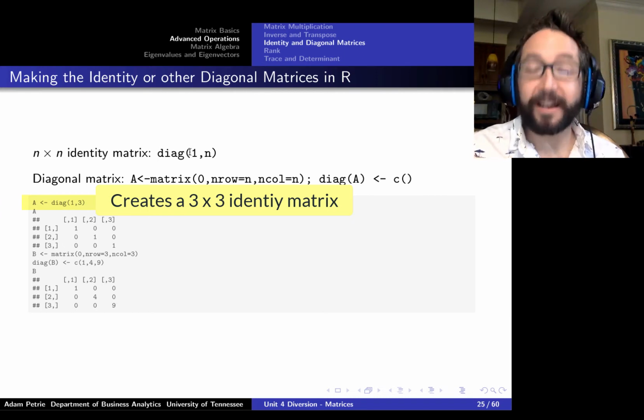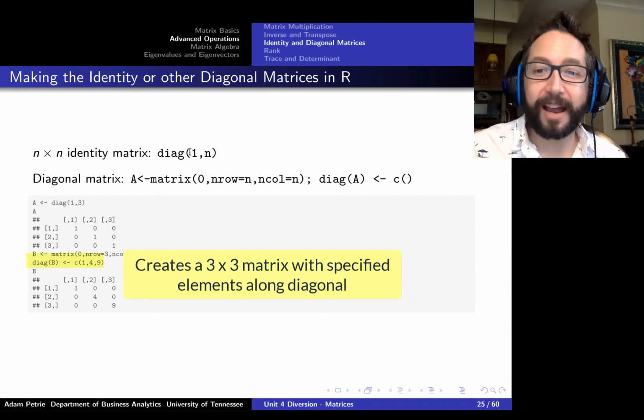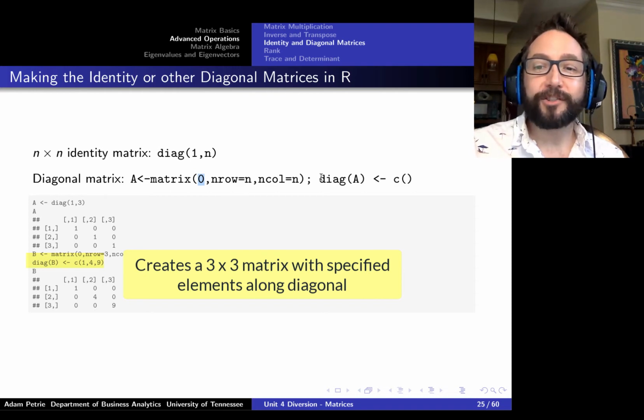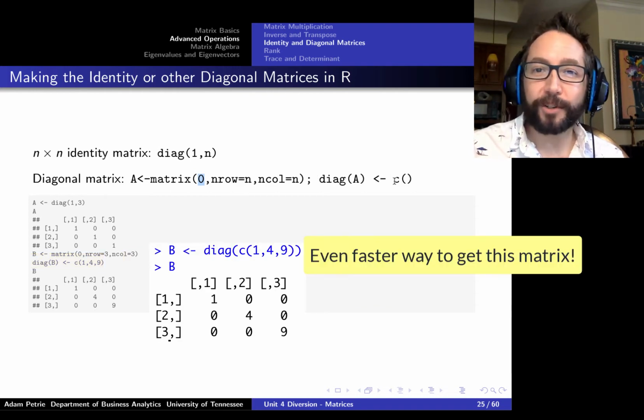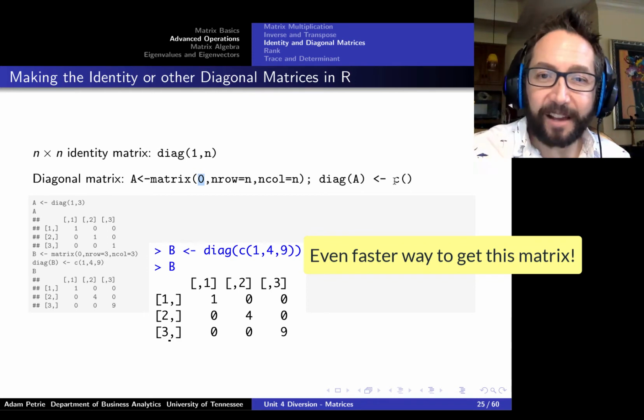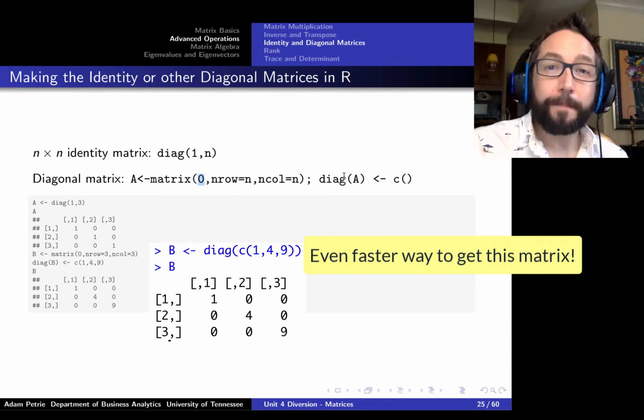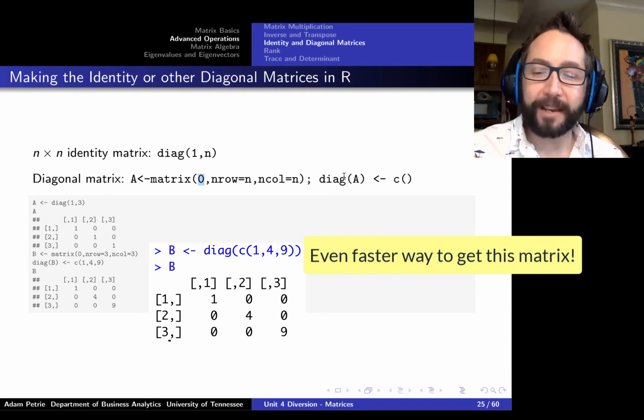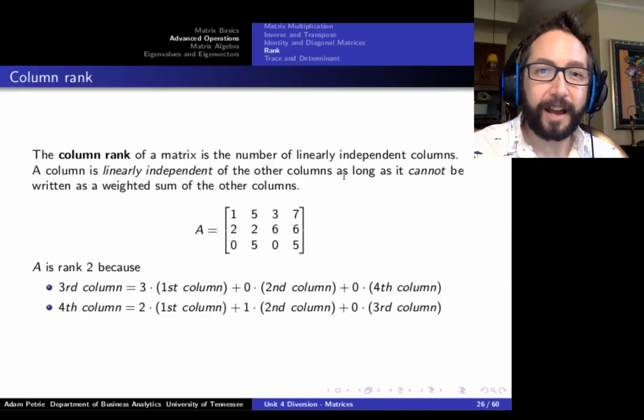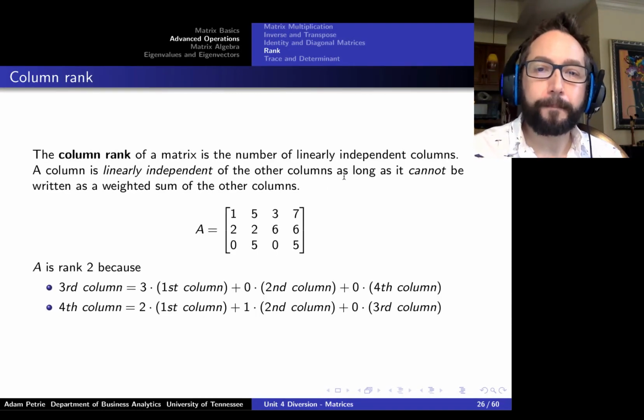If I wanted a diagonal matrix with arbitrary elements across the diagonal, I could set up a matrix full of zeros, n rows, n columns, and then say diag(A) equals the vector of diagonal elements that I want. So making those identity and diagonal matrices is not too bad in R.